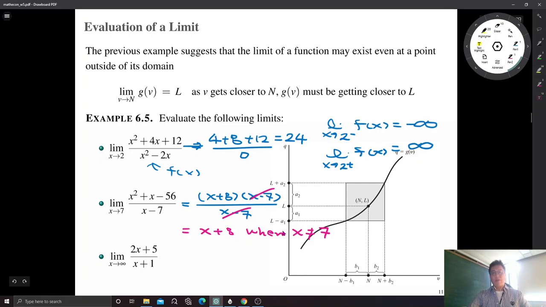Whenever x is not exactly number 7, the function boils down to x plus 8. Now we take the limit as x goes to 7, then we can see that x plus 8 is approaching 15. So the limit value is going to be 15.